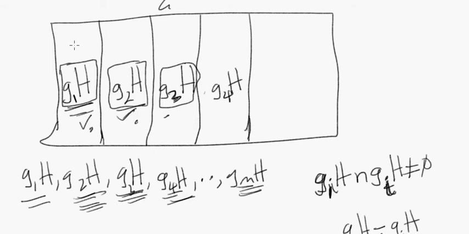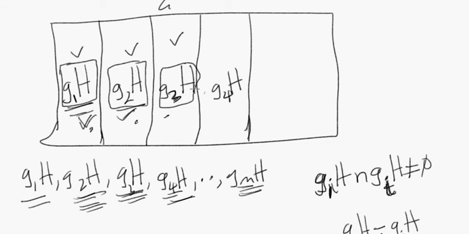Over here we have some elements of G. In the coset G1H, we have elements of G that are not in G2H. And G2H has elements of G that are not in G1H, and G3H has elements of G that are not in G2H and not in G1H.